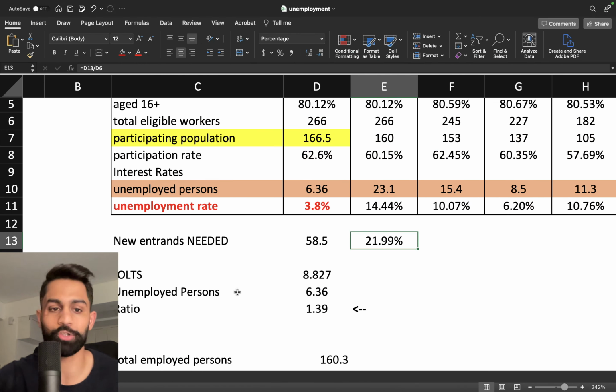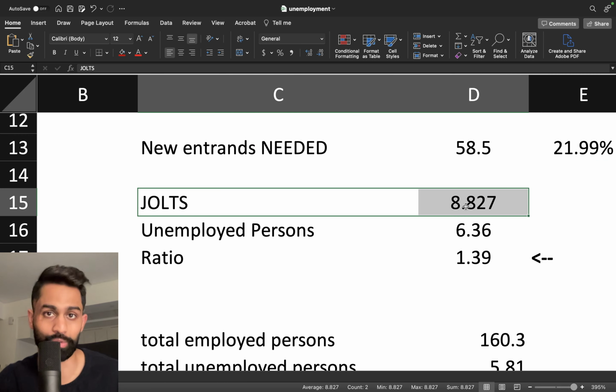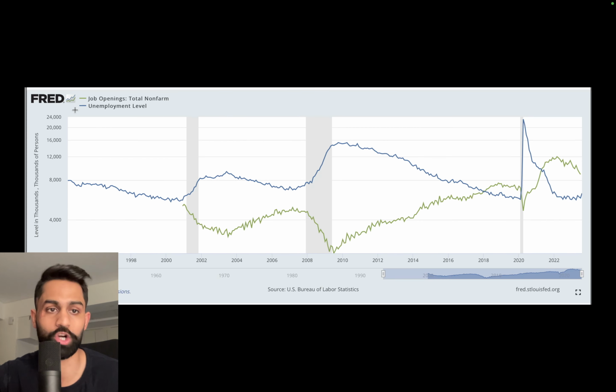This is something that we have talked about in one of our previous videos as well, which is basically taking into account the JOLTS, which has come down, as I showed you, the green line, the green chart, which is trending lower, and the unemployed persons, the number of people that are actually unemployed in the US, which is ticking higher and higher. So as that number reaches an equilibrium, which is going to be this chart right here, that's job openings divided by unemployment level. And again, you can go back as far as 2000.